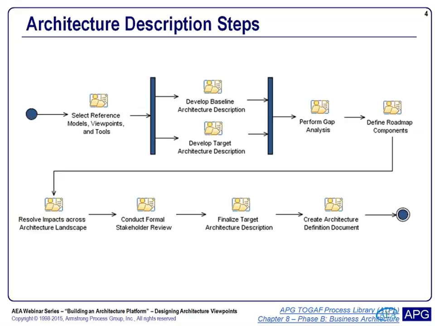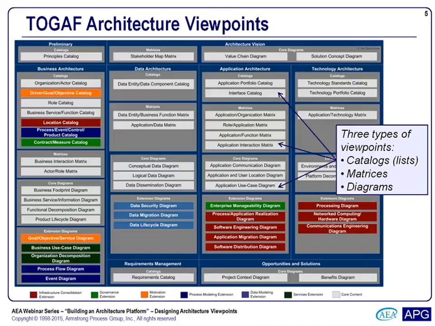So TOGAF, of course, has a lot to offer to get you started with this. Here on slide 5, you can see the taxonomy of architecture viewpoints that TOGAF has to offer out of the box as a part of its architecture content framework. You'll notice there are a whole host of different ways of looking at content.